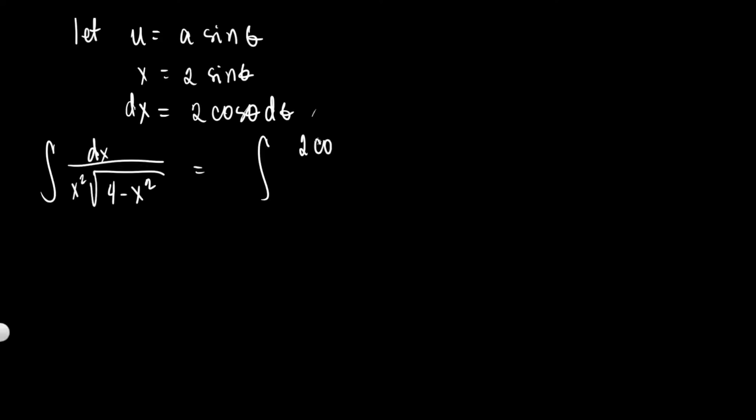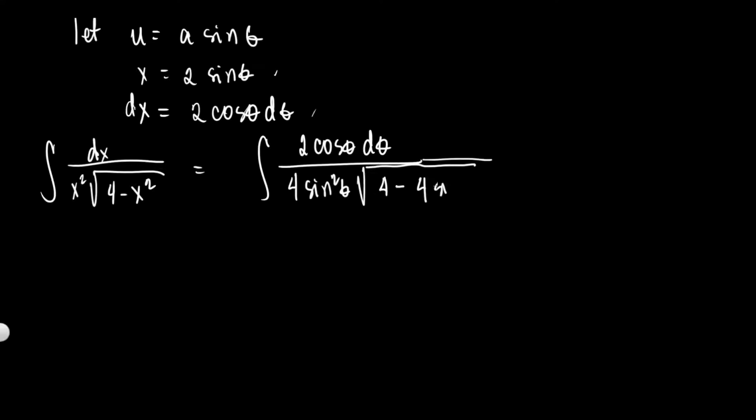So, 2 cosine theta d theta over x squared, ito yung x squared natin, 4 sine squared theta, times the square root of 4 minus x squared, 4 sine squared theta.